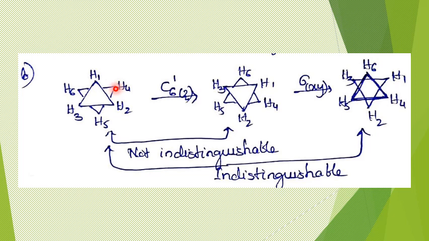Now in the case of eclipsed, exactly behind H1 there was H4, but now it is staggered, therefore H1 and H4 make a dihedral angle of 60 degrees. So H4 takes up this position. This back triangle represents the hydrogen atoms present on the back carbon atom, which we are not seeing. Maybe here we can mark a point and say it is the front carbon atom. The back carbon atom we are not seeing, and just the hydrogens are visible to us. Those are represented as H4, H5, H6.